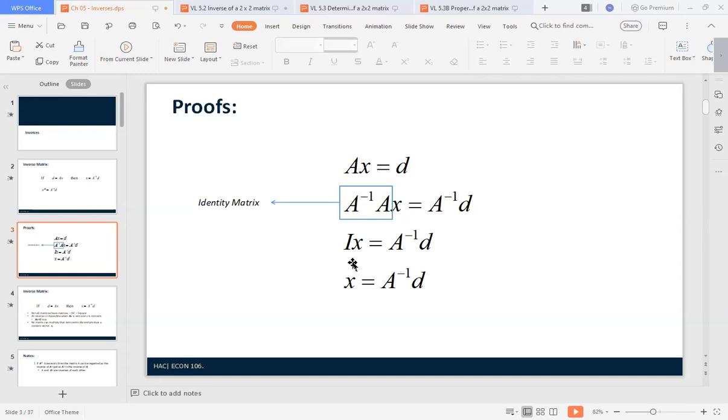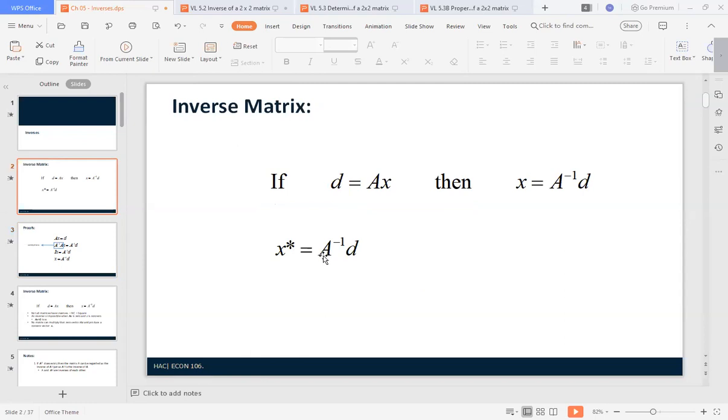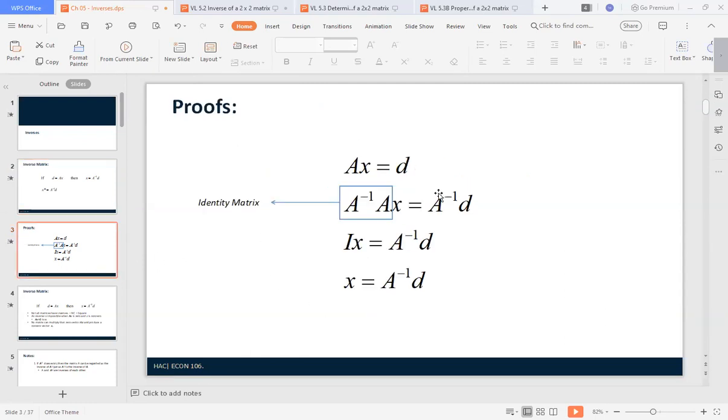So in that case, X is equal to A inverse multiplied by the D vector. So later on, class, once we're solving linear systems of equations, we can just use this idea of inverse to get the values of X. Again, why is X star equal to A inverse multiplied by a vector? The reason is this one.